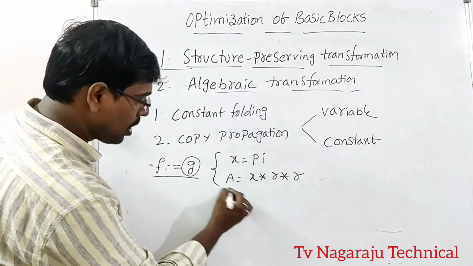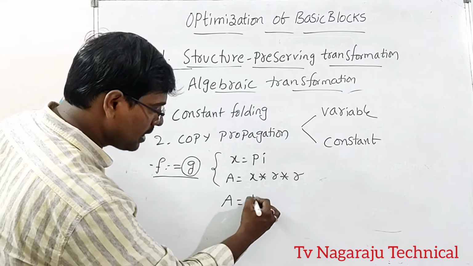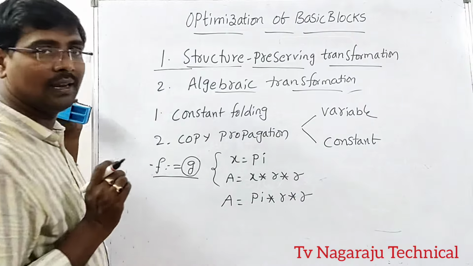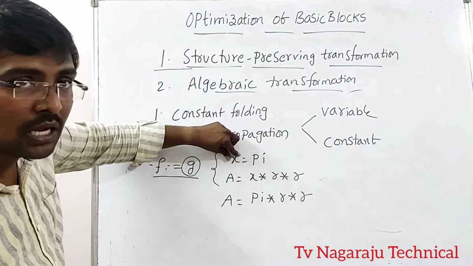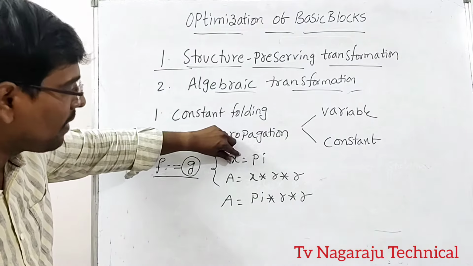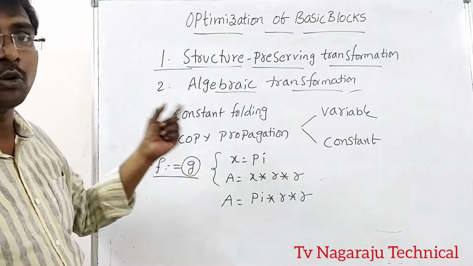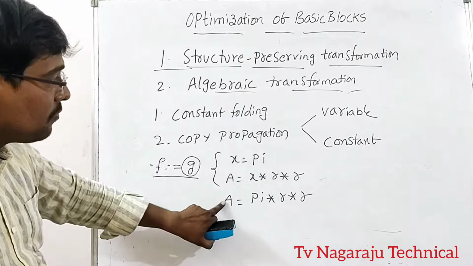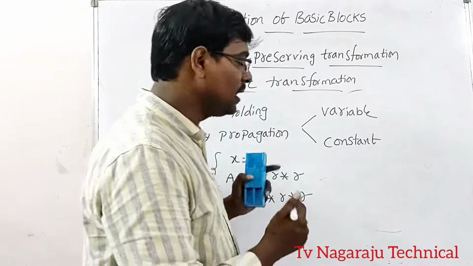Here also, how to optimize the code? A is equal to pi into r into r. Clear? Now there is no use of x. Automatically the variable x is removed. This is variable propagation.